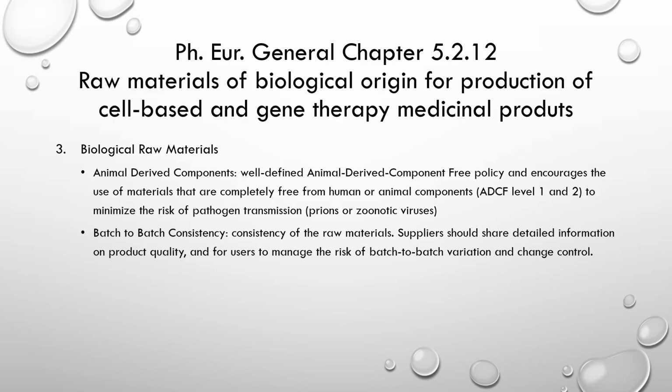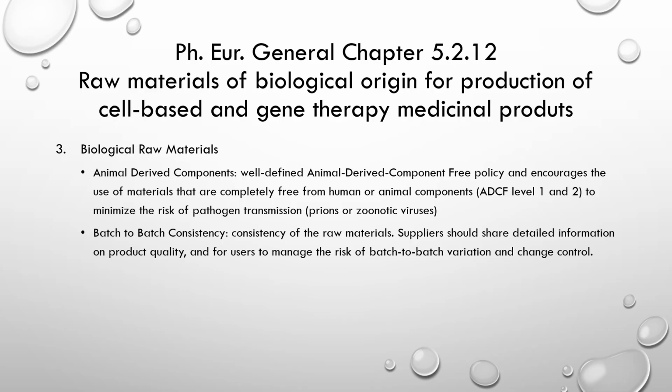But where possible, the animal derived free policy encourages the use of materials that are completely free from animal and human components. This is to reduce the risk of pathogen transmission, so prions and zoonotic viruses.